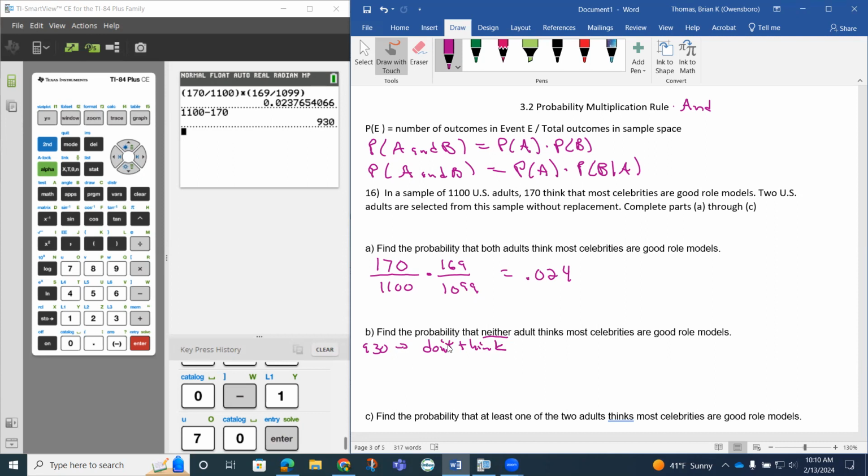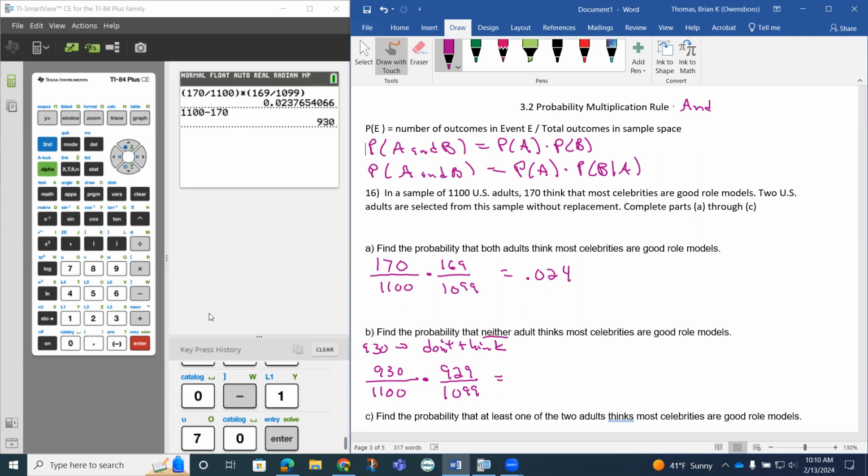If I do my probabilities, we're going to pick 2 people. There's 930 in our sample space that don't think so, and then there's 1,100 adults in our sample space. So that would be our first adult. But we're also choosing another adult that doesn't think celebrities are good role models. If we chose one out of the sample space, that's going to leave me 929 that don't think so, and if we drop one there because we chose a person, that's down to 1,099 for that second one.